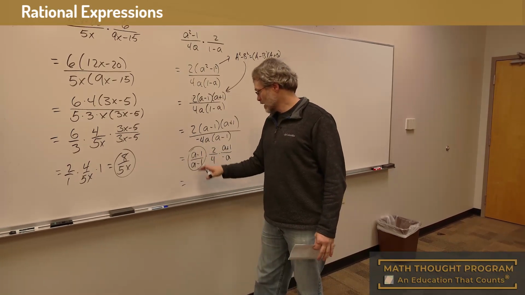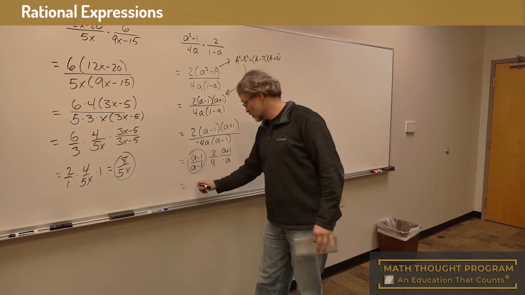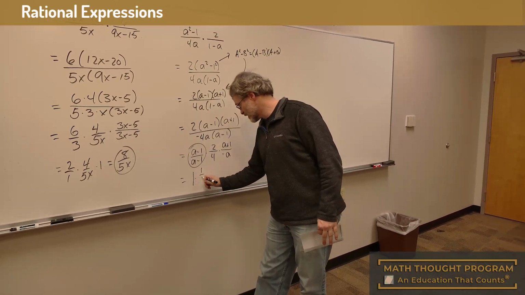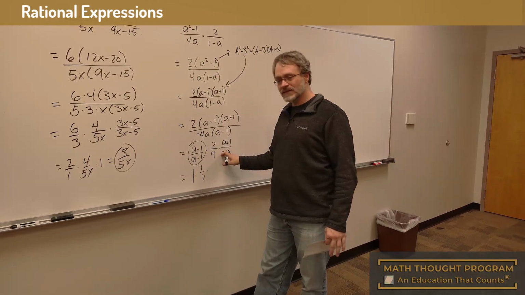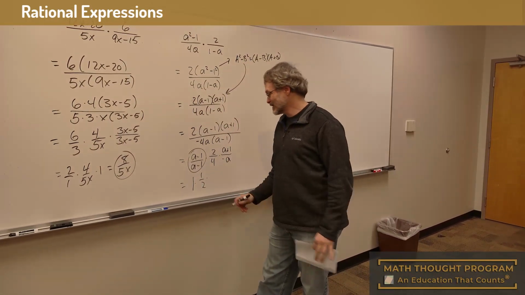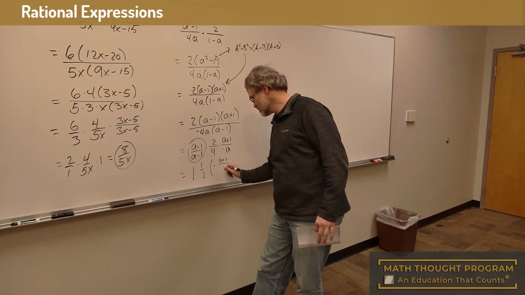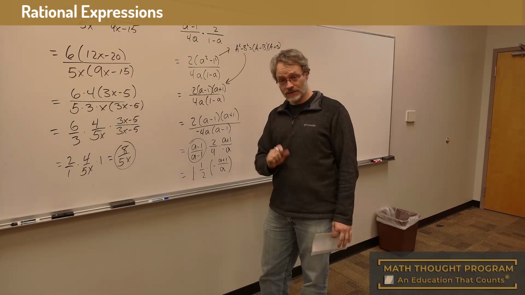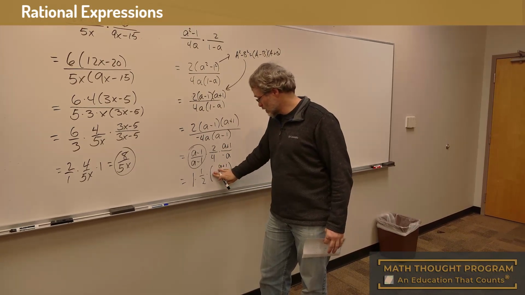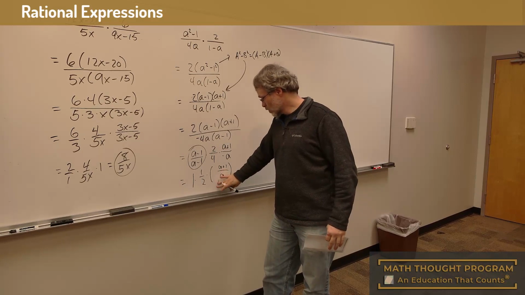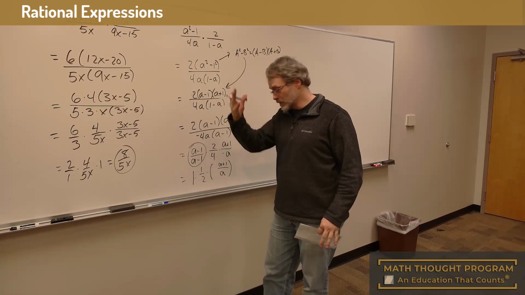So a minus 1 over a minus 1 is 1. 2 over 4, that's a half. Now, the negative sign, I can write this in different ways, guys. I can put the negative out front like this. That's okay. Or I could keep the negative sign down below. That's okay. Or I could go ahead and just simply absorb it into the numerator.